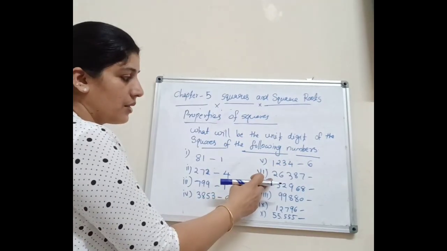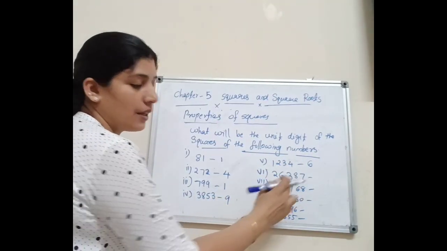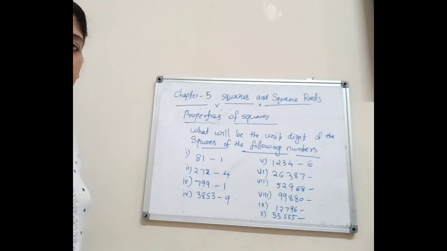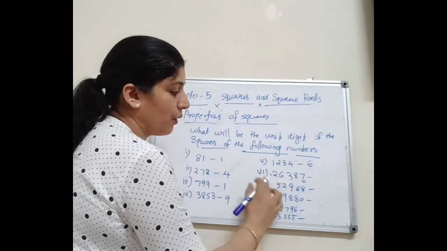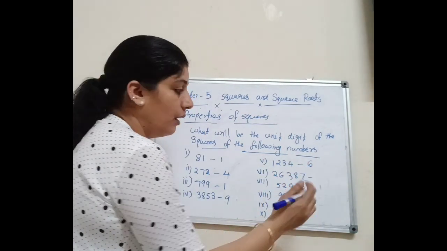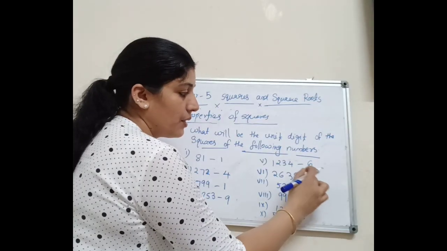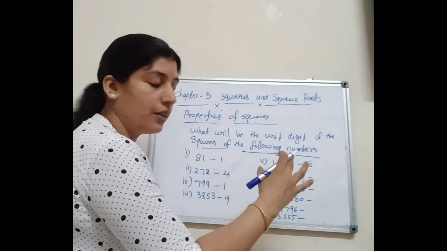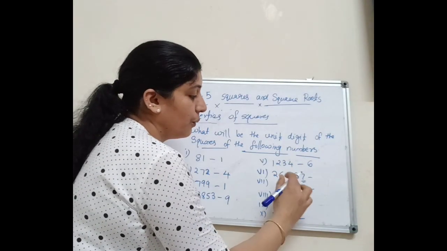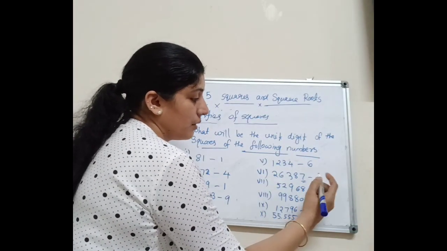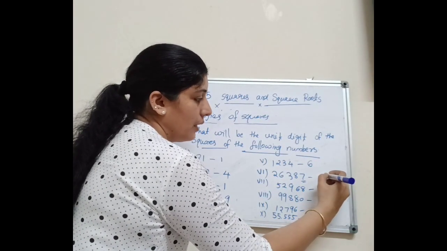Now, next consider the number 26,387. Here, the unit digit is 7. Therefore, the square of this number ends with 7 square. Therefore, the unit digit in the square is 7 square equal to 49. Therefore, the unit digit of this number's square is 9.